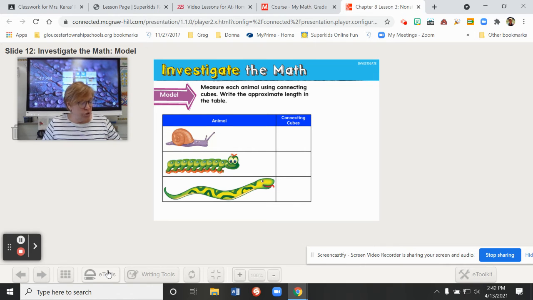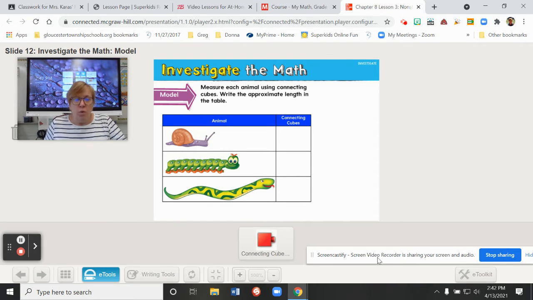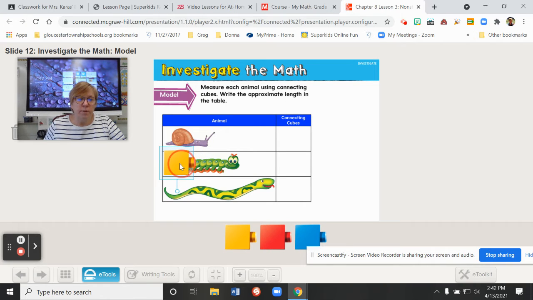What they would like you to do with this is measure each animal using connecting cubes and write the approximate length in the table. So the way to do that would be to take a cube and go right to the end of this animal. Well, I'll have to do it to this caterpillar here.